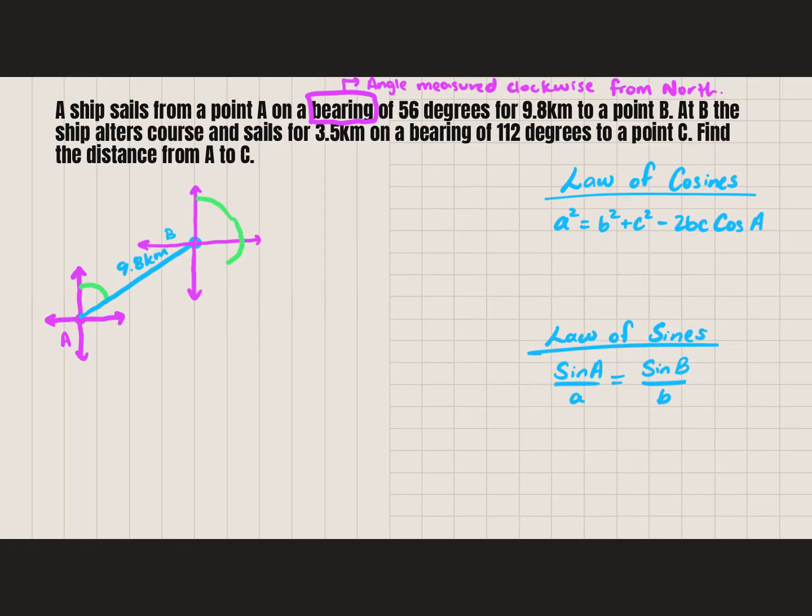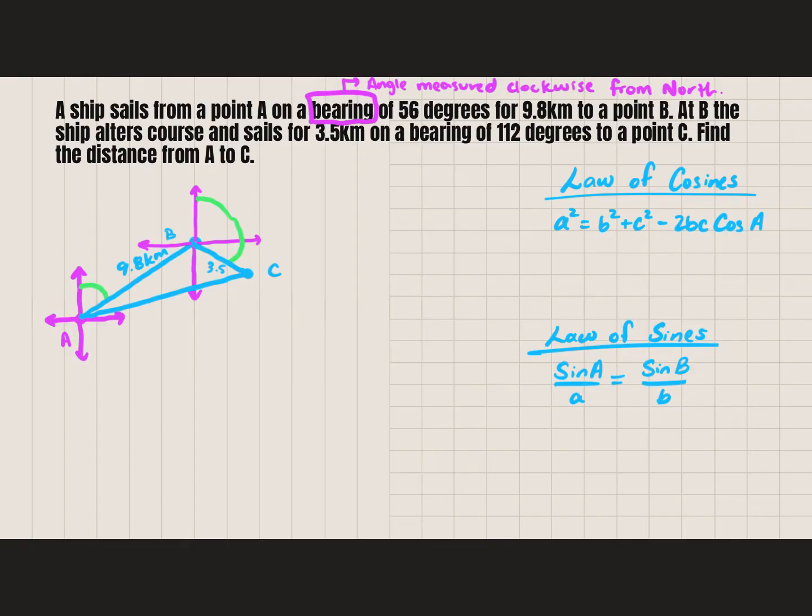So my ship is changing course and traveling 3.5 kilometers to point C. And then it says find the distance from point A to C. So they want this distance from A to C here. So there is my triangle.